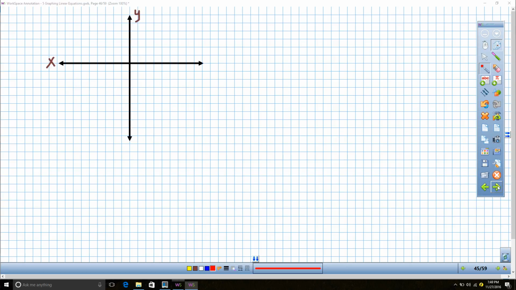So I probably want to draw my coordinate plane like this, and then plot the 3 points, and then connect them, because you see these are not the only 3 points that are solutions to the equation. Every point on the line that you can draw through those 3 points is a solution.